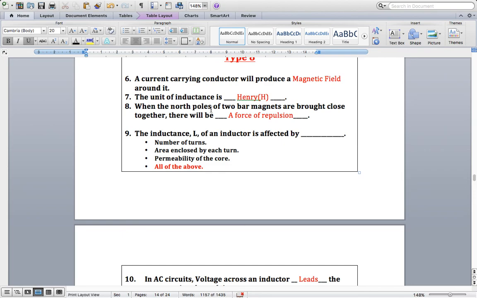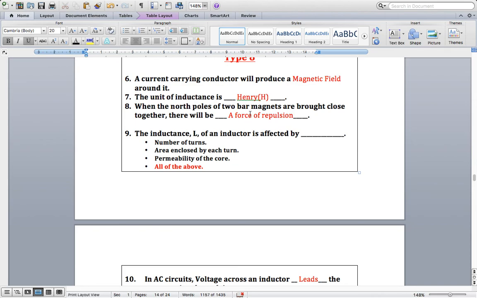When the north poles of two bar magnets are brought close together, there will be a force of repulsion. This is common general knowledge. A magnet has two poles, two sides, south pole and north pole. If two north poles are coming closer to each other, they will repel. Repel means they will move away from each other.